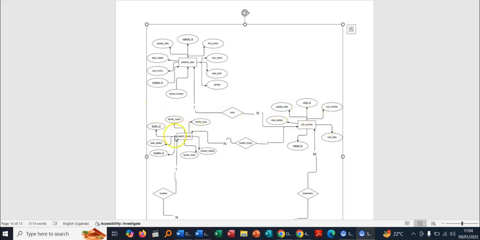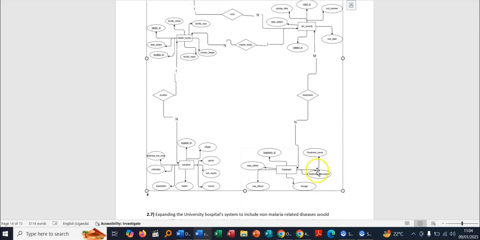Onto the health facility entity, it had the facility name, the facility type, and the facility ID as its primary key. The date added is also among its attributes, and the location ID is its foreign key, along with the facility head and the contact details of each facility.